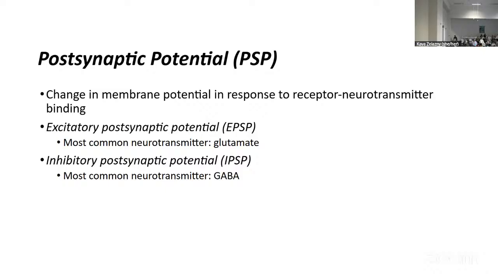These are two very common neurotransmitters. Glutamate tends to cause these excitatory postsynaptic potentials. So glutamate is going to tend to cause more firing in that postsynaptic neuron, cause more action potentials to be generated. Our most common inhibitory neurotransmitter is GABA. So GABA kind of quiets stuff down usually, inhibiting action potentials on that postsynaptic neuron.